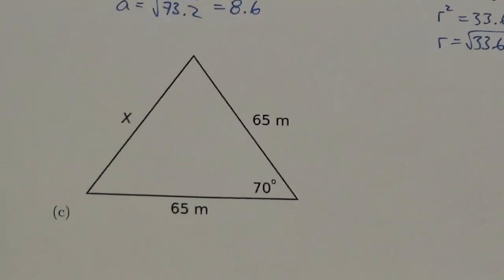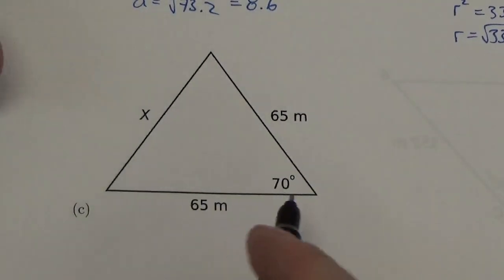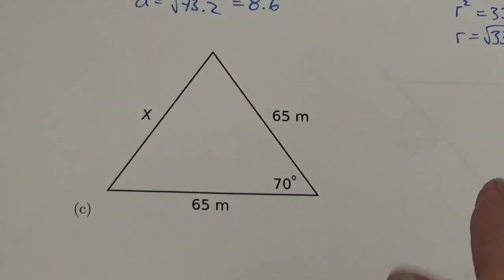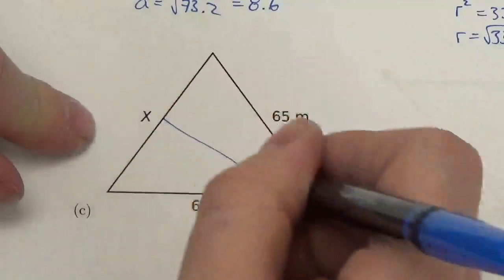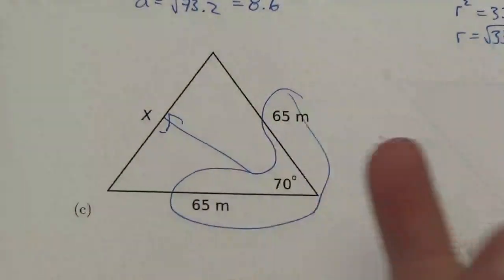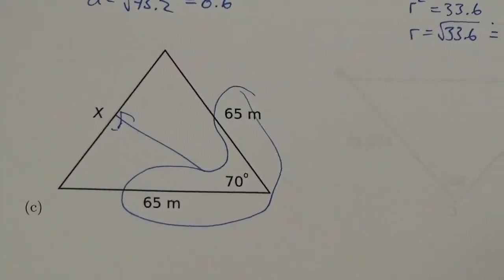Okay, let's look at one more. Same sort of thing. This time, actually, I've got no labels there. None at all. All I have is this x right here, but it is opposite the angle, and I've got that pattern set up that I was looking at before.